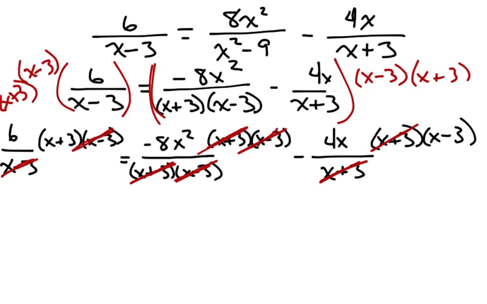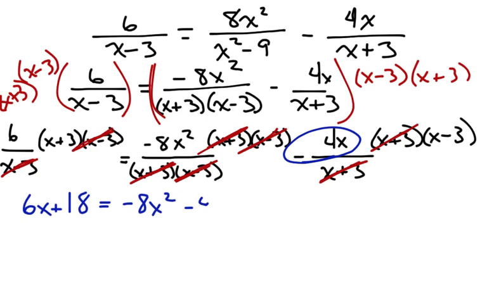6 times x plus 3 is 6x plus 18. And on the right hand side, we were just left with negative 8x squared. And then negative 4, don't forget about that negative, times x minus 3 is negative 4x squared plus 12x. Alright, sweet. We've gotten rid of all the fractions, but we're still left with a quadratic equation.